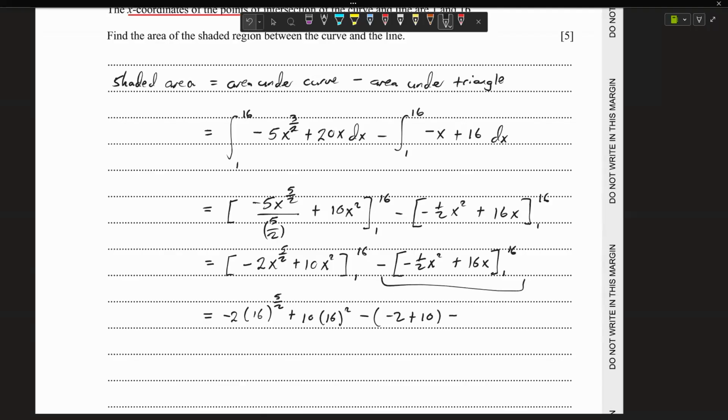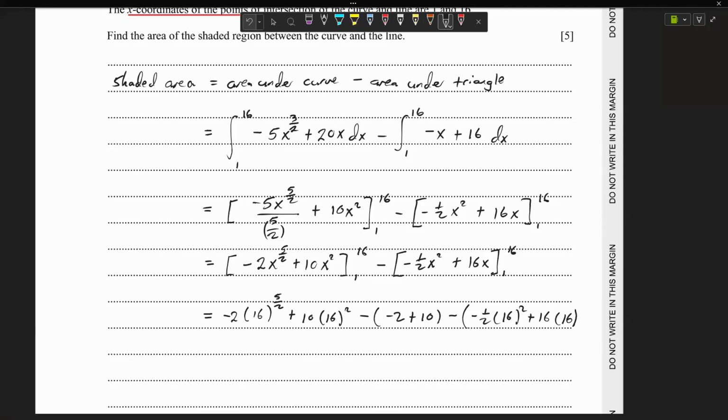And that's going to be minus. Now we're going to this piece, substituting 16, that's going to be minus a half of 16 squared plus 16 of 16, right?